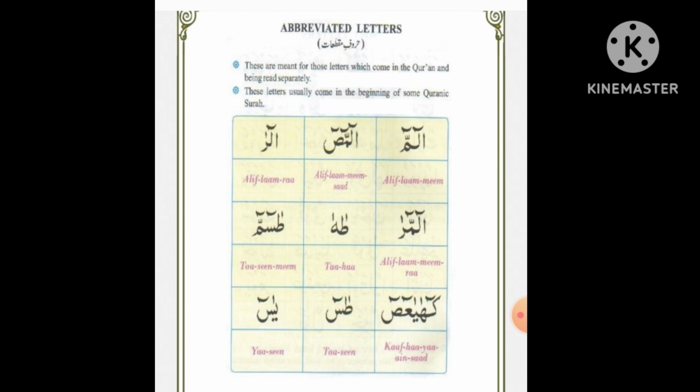Like in the previous tashdeed lesson, I had explained that if there are two dependent letters together, the first quiescent letter is to be dropped and the second tashdeed letter is to be read, and that is called the idgham. That means the first quiescent letter is totally combined into the second letter. If you don't remember, just go through the previous chapter again. So the noon in seen is totally combined into the meme to make it a tashdeed meme.